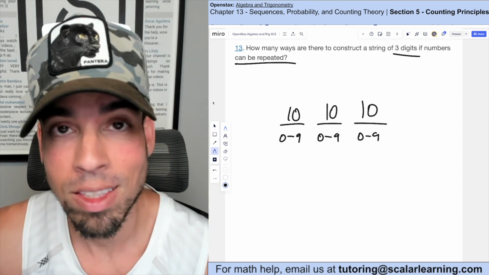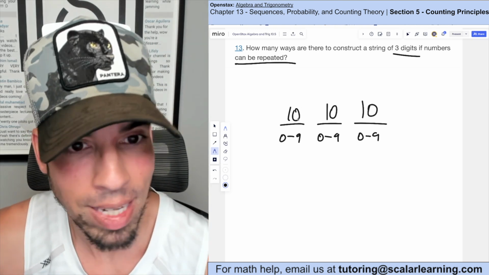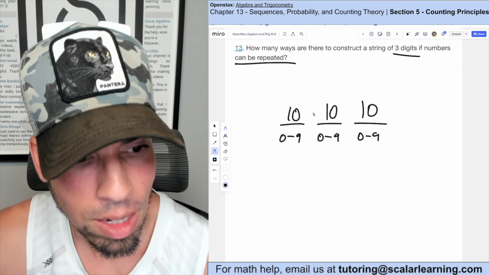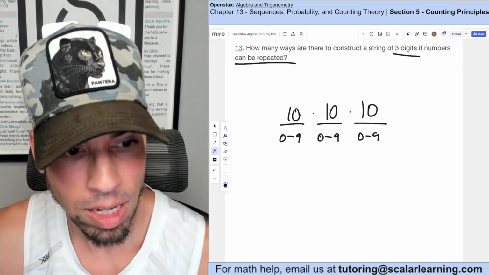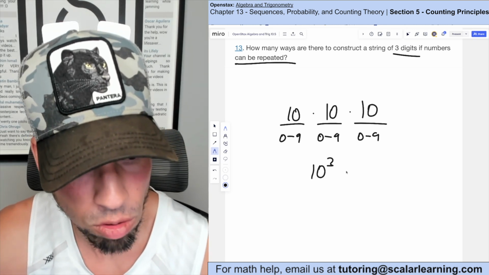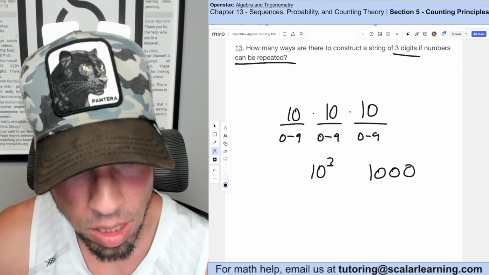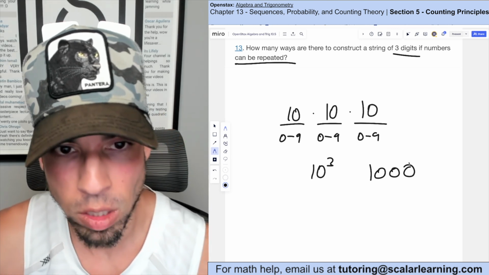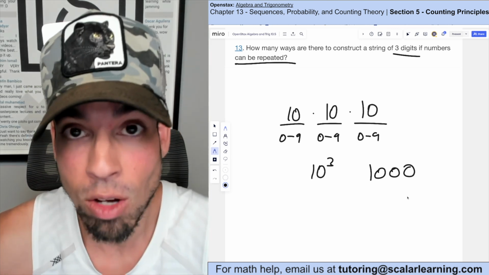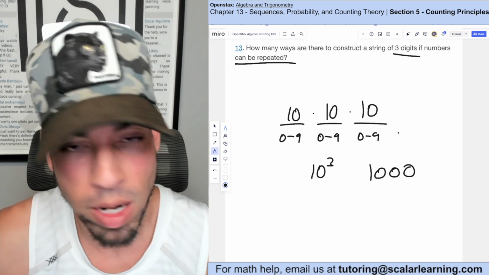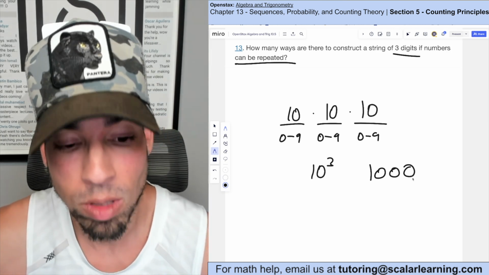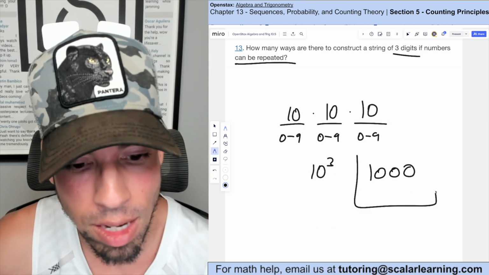To get the total amount of possibilities, we take the product of these: 10 times 10 times 10, which is 10 to the third, or 1,000 different ways to construct a string of 3-digit numbers. That makes sense because there are 1,000 numbers from 000, basically 0, all the way up to 999. So that's how you do it.